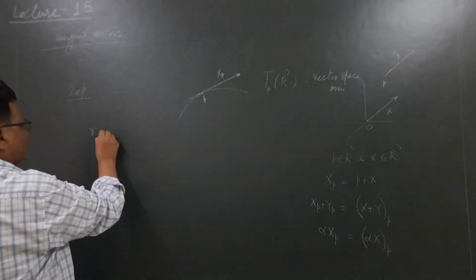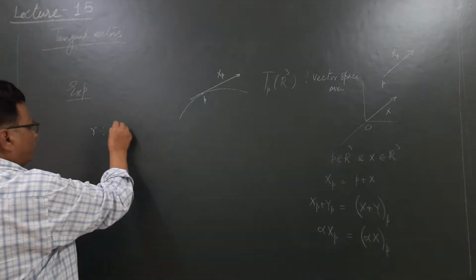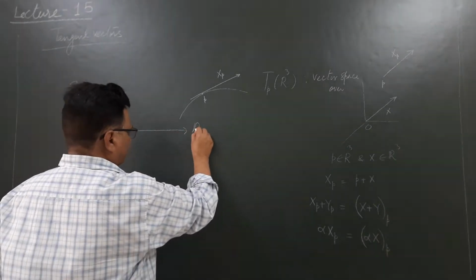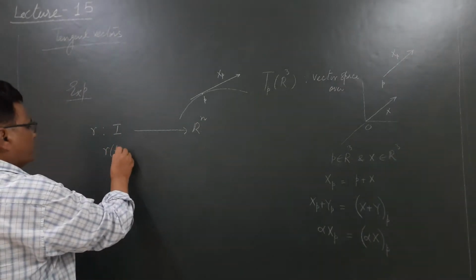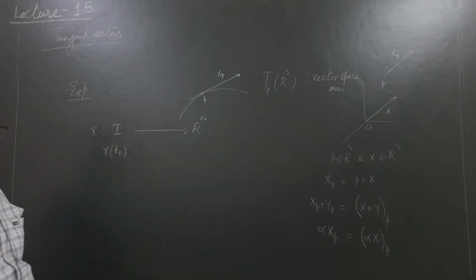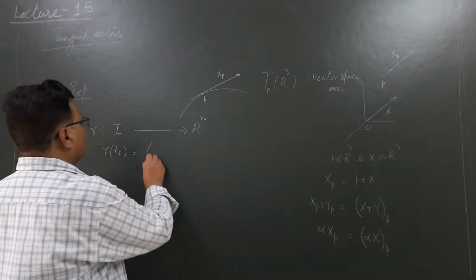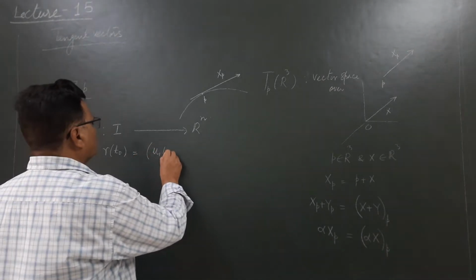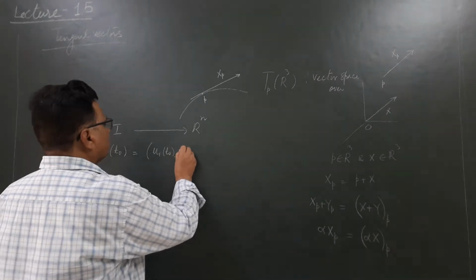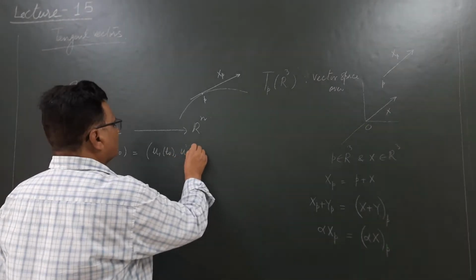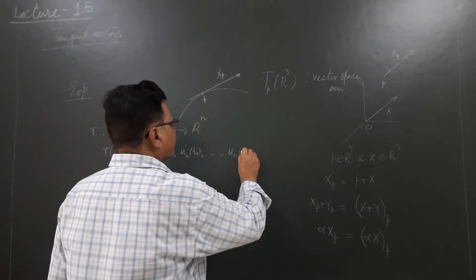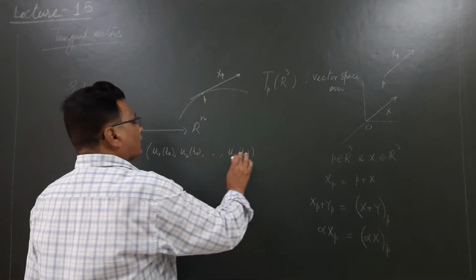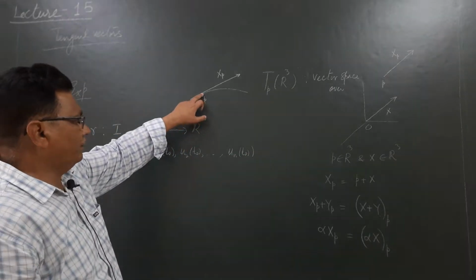So, if gamma is a curve from an interval I into Rn, then gamma at the point say t0, I pick up a real number from the interval, and this will be some u1(t0), u2(t0), un(t0). This will be the point P over here, is it right?